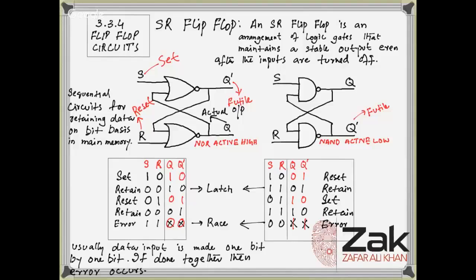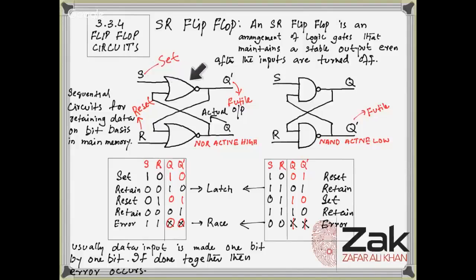All right. So, anyways, we call it NOR active high. NOR active high means when we set, it is set, and NAND active low means when we set, it actually gets reset. So you would have to take care to remember set in terms of set.